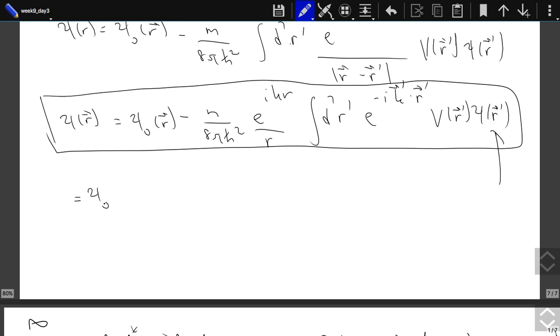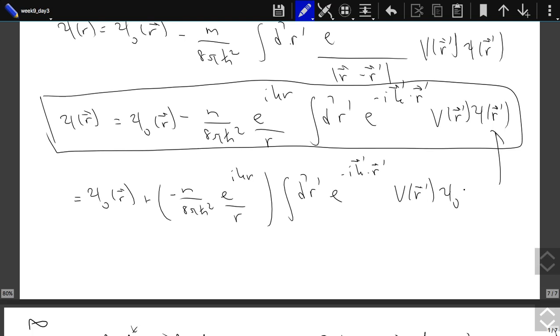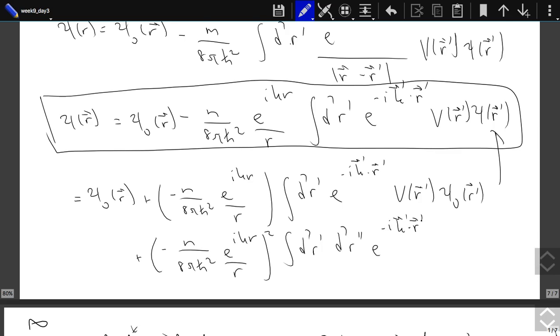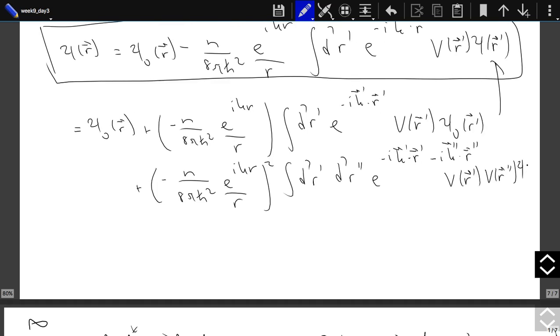So this is equal to psi 0 of r plus minus m over 8 pi h bar squared e to the power i k r over r times the integral d cubed r prime e to the power minus i k prime dot r prime v of r prime psi 0 of r prime, plus minus m over 8 pi h bar squared e to the power i k r over r, all of this squared, times the integral d cubed r prime d cubed r double prime e to the power minus i k prime dot r prime minus i k double prime dot r double prime v of r prime v of r double prime psi of r double prime. This equation is also exact, and if you want you can just repeat this on and on.